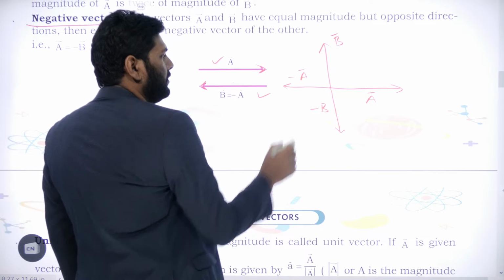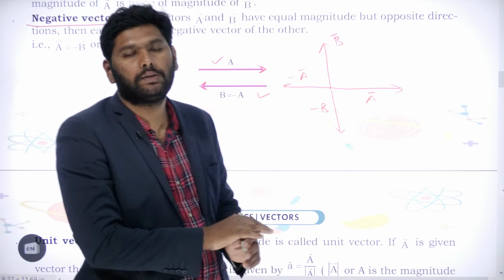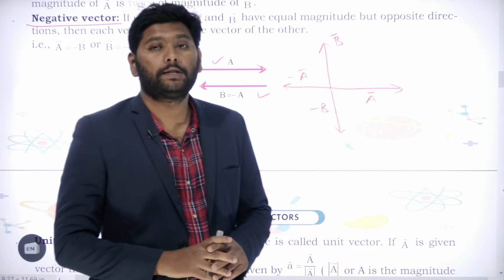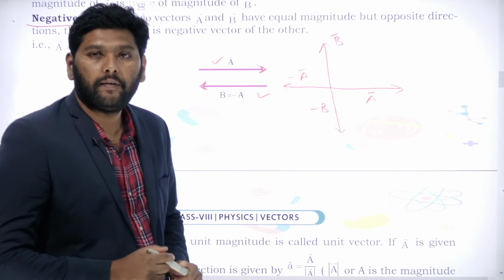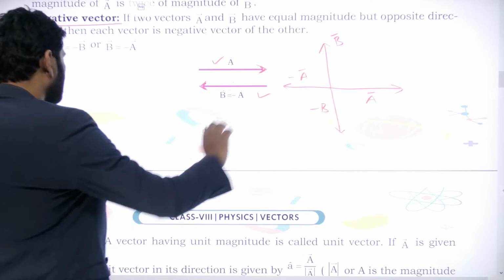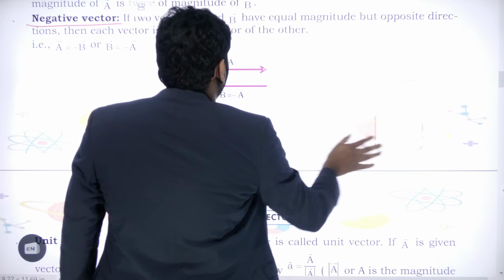This is representing the negative vector of A. That is how we can explain what negative vectors are, isn't it? I hope you have understood what I am explaining. Got clarity?